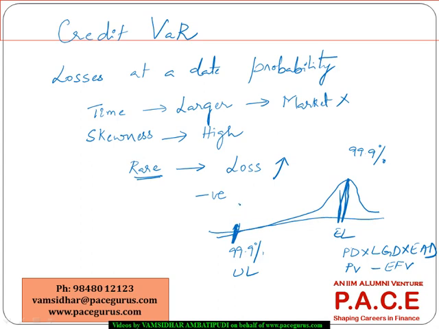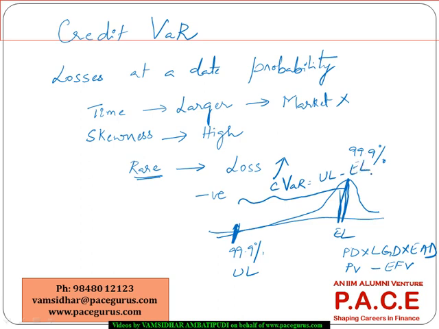And what we are simply saying is the difference between the unexpected loss and the expected loss is what we are calling the credit VaR. So it is this particular point over a specific time period minus the expected loss.